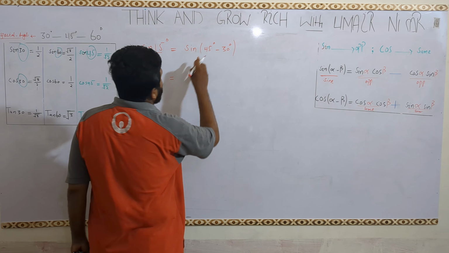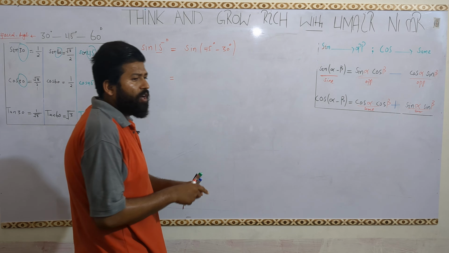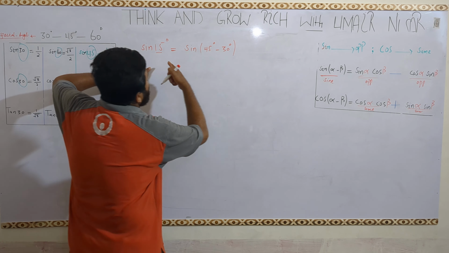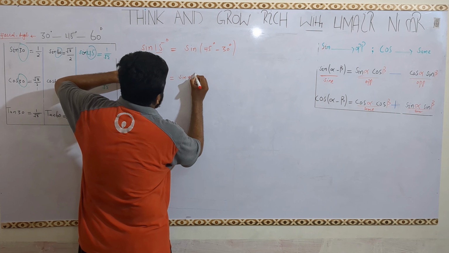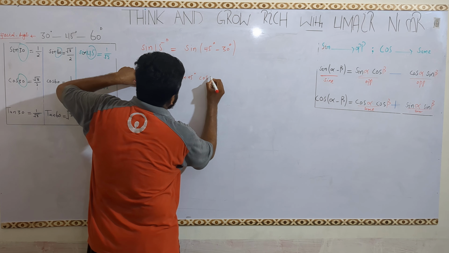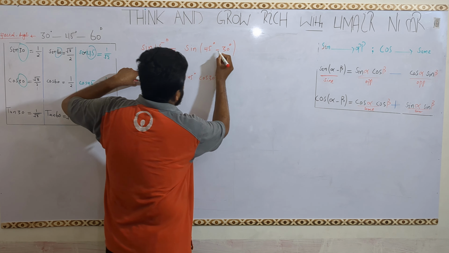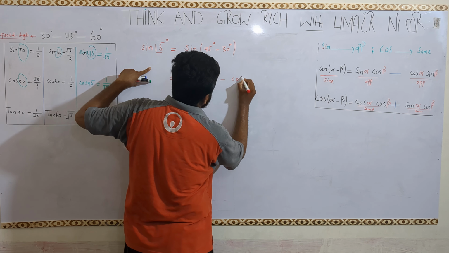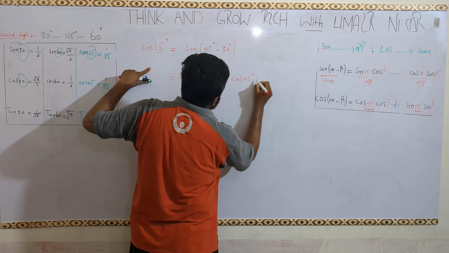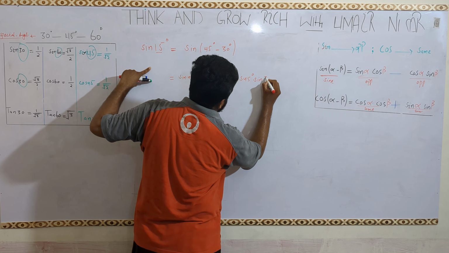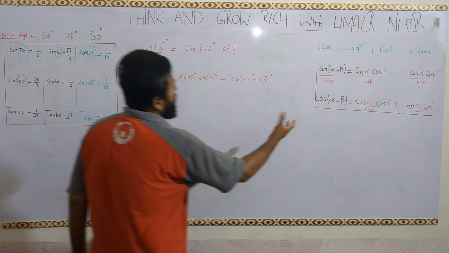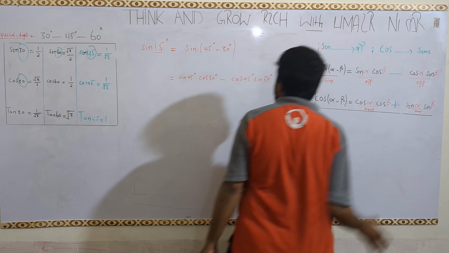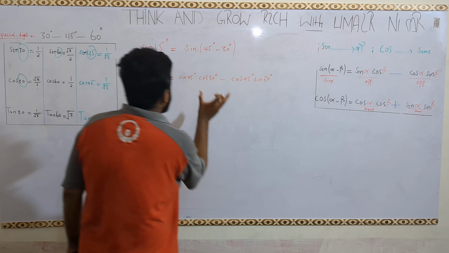So how will we open sine? Opening the formula, we will have the opposite function. So sine 45 cos 30 minus cos 45 sine 30. The same formula that has been opened here, we have used here.